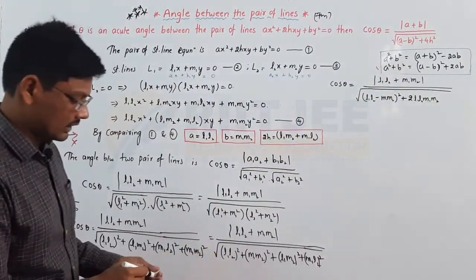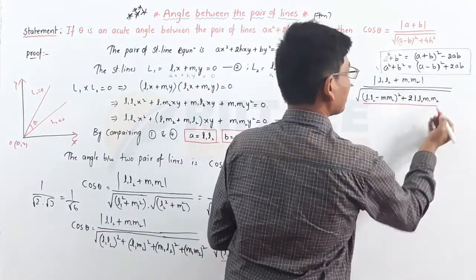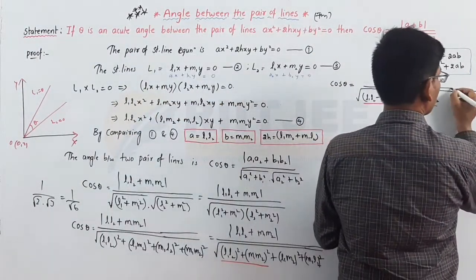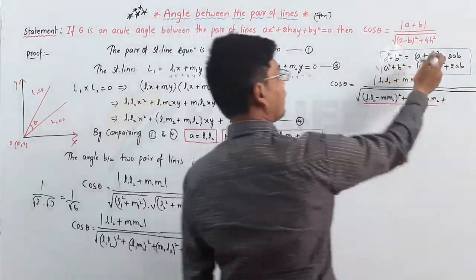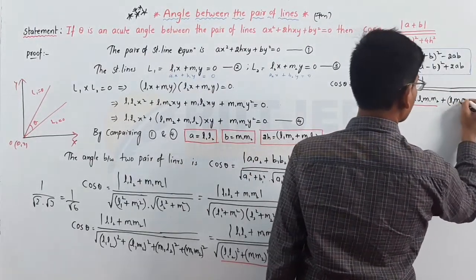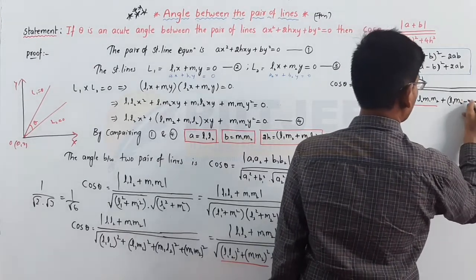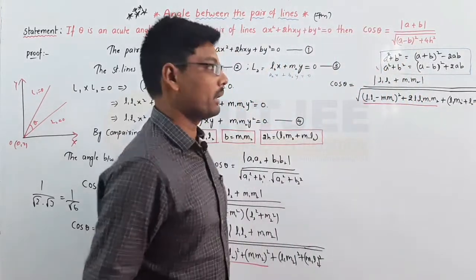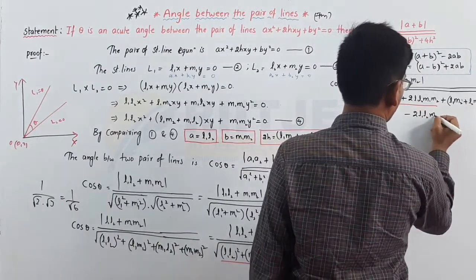Understand carefully: I am writing this total expression, and now the next expression under this root only, plus, it is in the form of a square plus b square. I am using this formula here. So L1 M2 whole square plus L2 M1 whole square, plus or minus 2 into L1 L2 M1 M2.